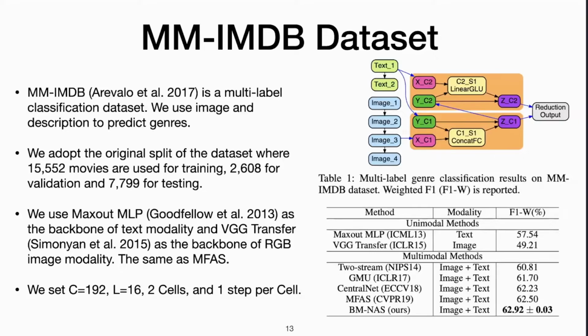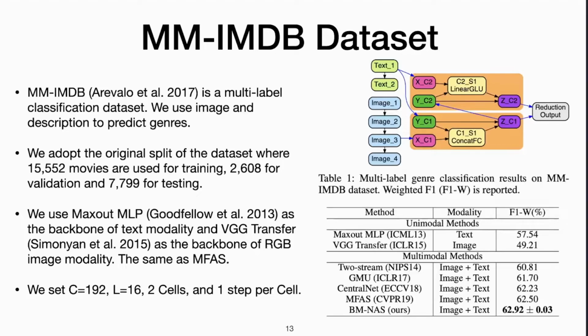And for our framework, we set the channels to 192, the length to 16, and we will have two cells and one step within each cell. And on the right, we show the best structure searched by our BM-NAS framework, also the comparison of performances with other methods.